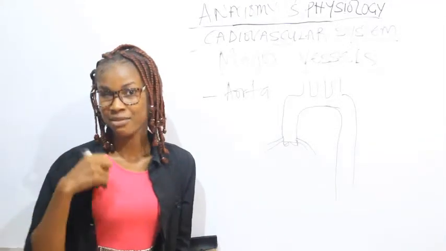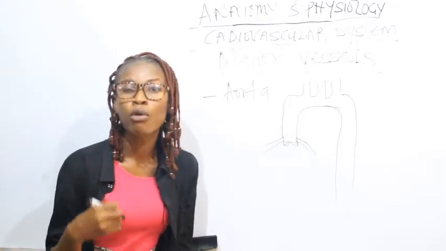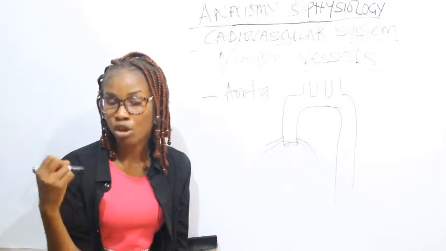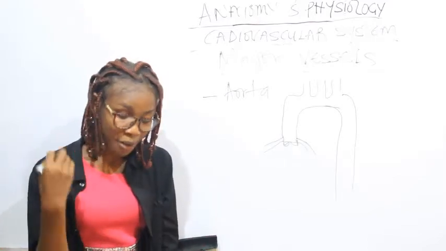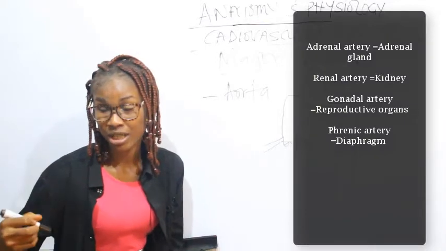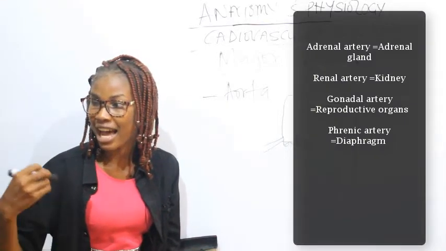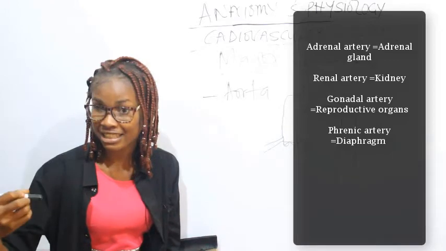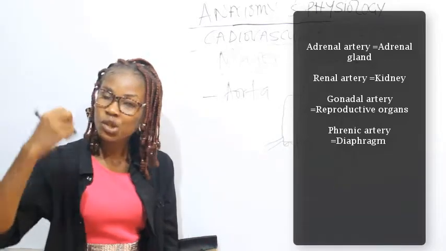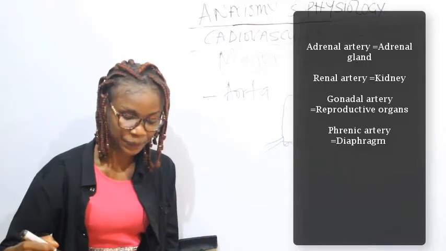Now, there is something I do. Most of these terms might sound difficult, but what you have to do is to relate it to the organ that they are being called. For example, when I hear adrenal artery, I know that it has to do with the adrenal gland. When I hear renal artery, I know it has to do with the kidney.